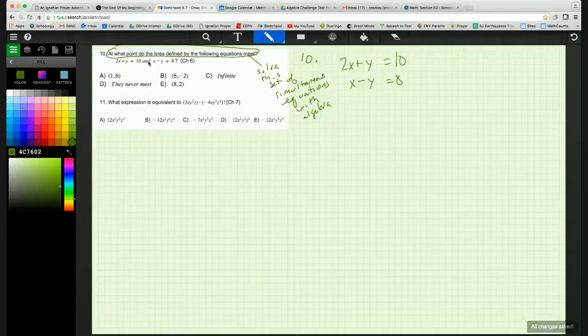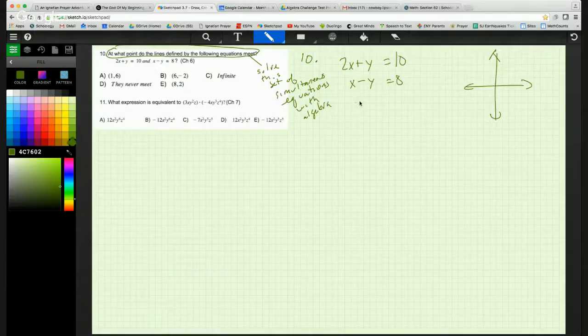These are the same thing. You could graph these lines and then figure out where they meet on the coordinate plane, Cartesian plane, or you could just solve it using algebra, because we know that algebra and geometry are basically equivalent.